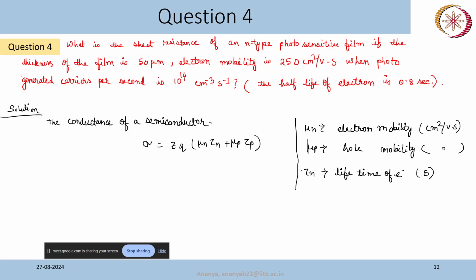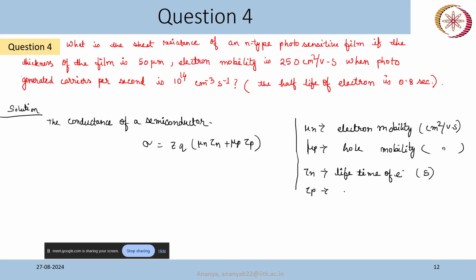Because after the time tau n, the electron hole pair will be recombined and it will not contribute to conductance or flow of current. So it will contribute to the conductance value as long as the electron is in conduction band and hole is in valence band. Once it recombines, then it will not contribute. That is why this tau n and tau p term is also coming in this expression.